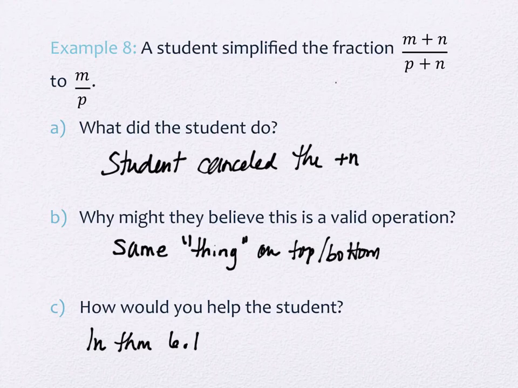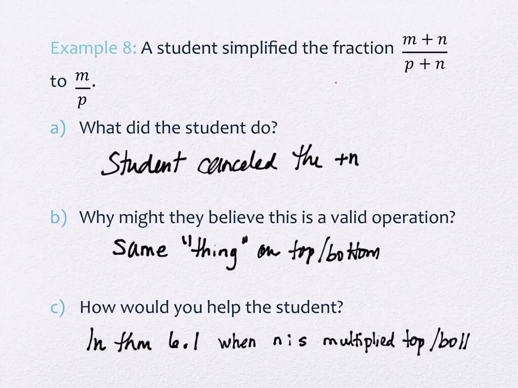So in Theorem 6.1, when n is multiplied on the top and bottom, it can cancel. So this is probably what they're thinking of, right?